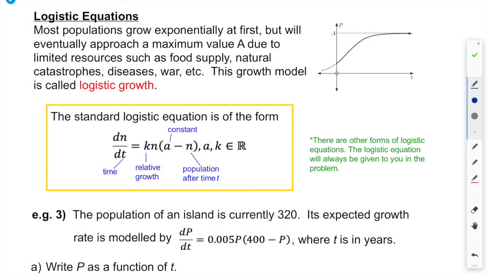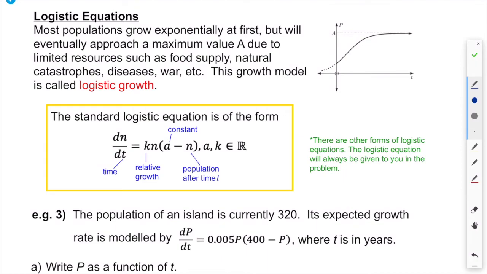Population can also be affected by limited resources such as food supply, natural catastrophes, diseases, and war. So a more realistic model for most population growth is known as logistic growth.